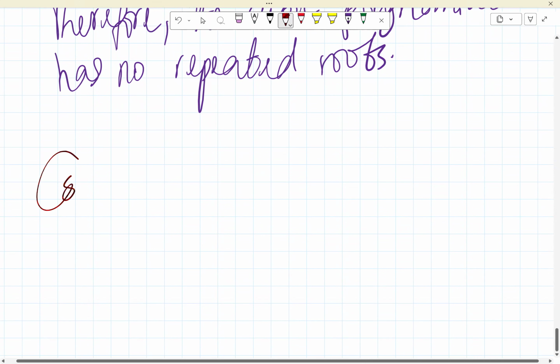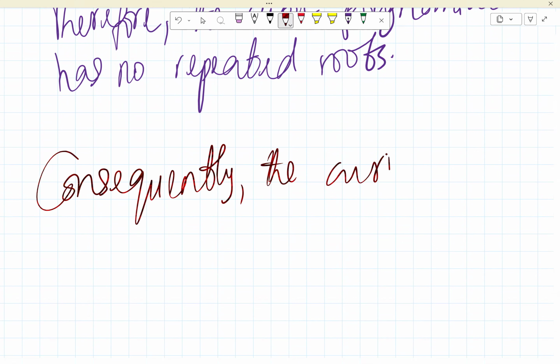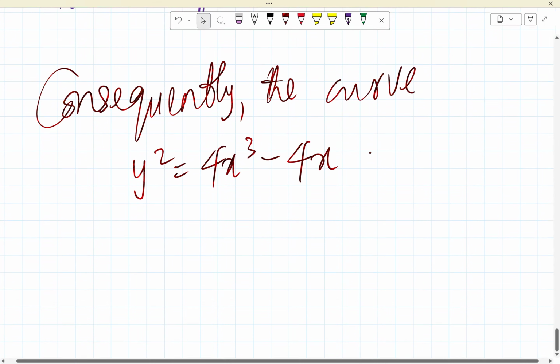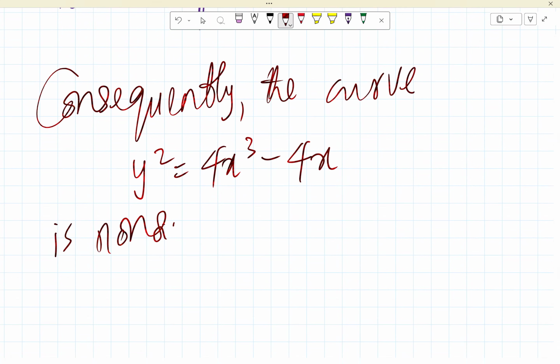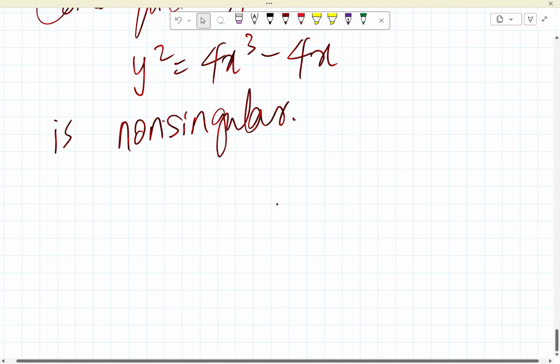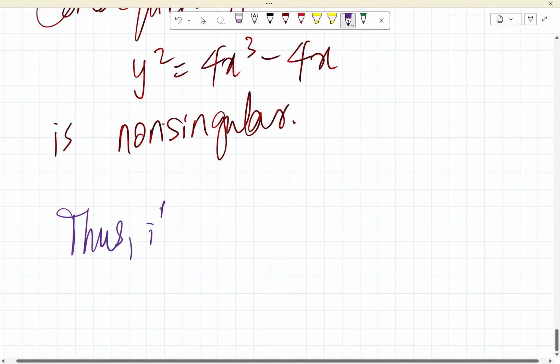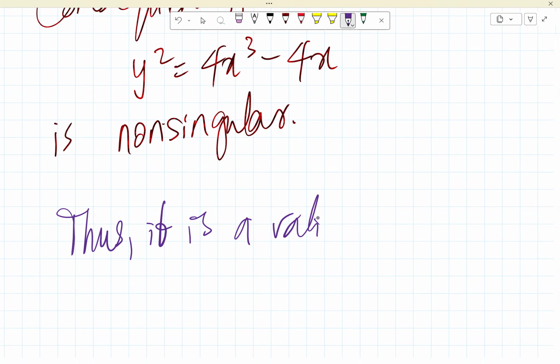Consequently, the curve y squared equals 4x cubed minus 4x is non-singular. Thus, it is a valid elliptic curve.